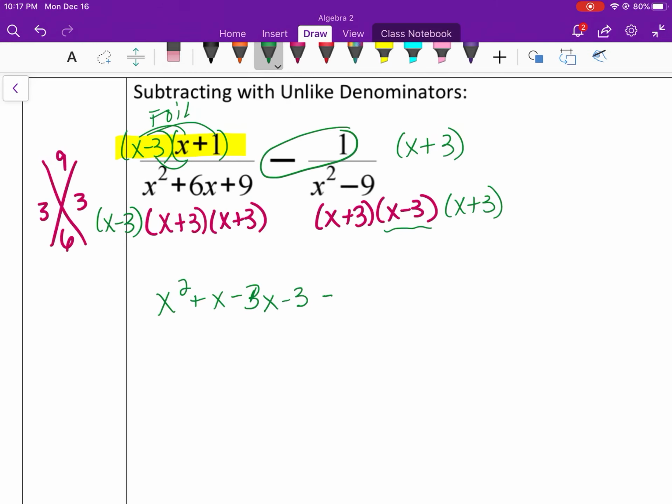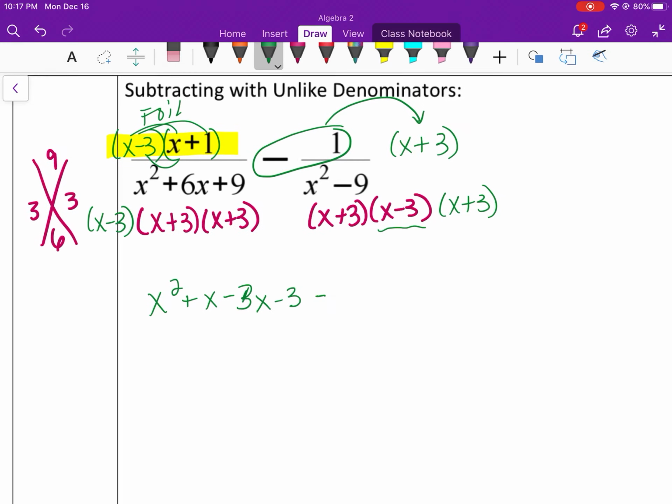And then it's going to be minus, you have to distribute the negative 1. It'll be minus 1x and then minus 3 on the top. All over, and I would probably just keep this in factored form. x minus 3, and then it's x plus 3 squared. You have 2 x plus 3's.